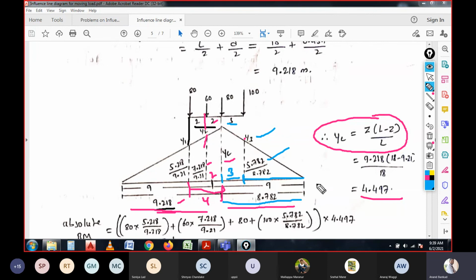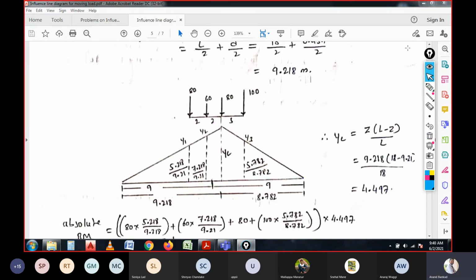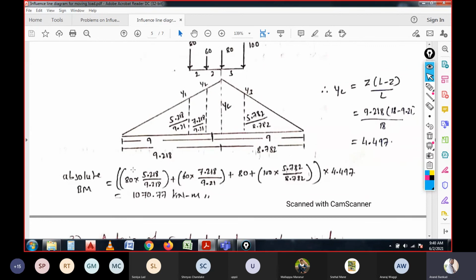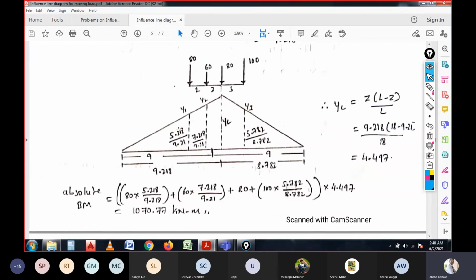After getting the coefficient value, we need to multiply the intensity of load into the coefficient values along with yc. We need to remember this. In this moving load, we need to multiply this yc over all the sections where we are going to calculate. See here, 80 into 5.218 by 9.218, that is the coefficient value we have multiplied, and all together we have multiplied this yc value.